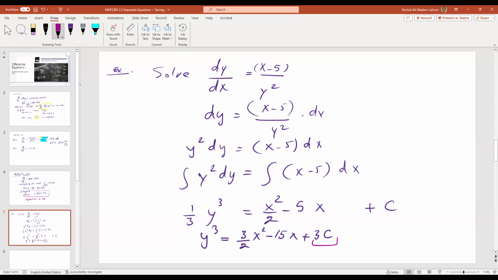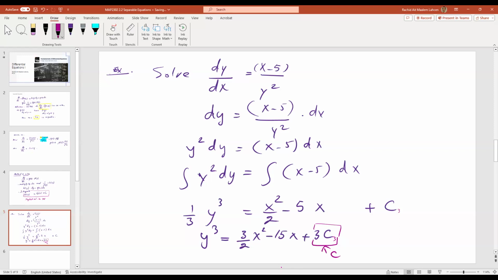This is 3c. It's also a constant. I'll just do that here by combining c2 minus c1 that you get. You can return here and say, okay, this is c. This is a constant because 3 times a constant is a constant.